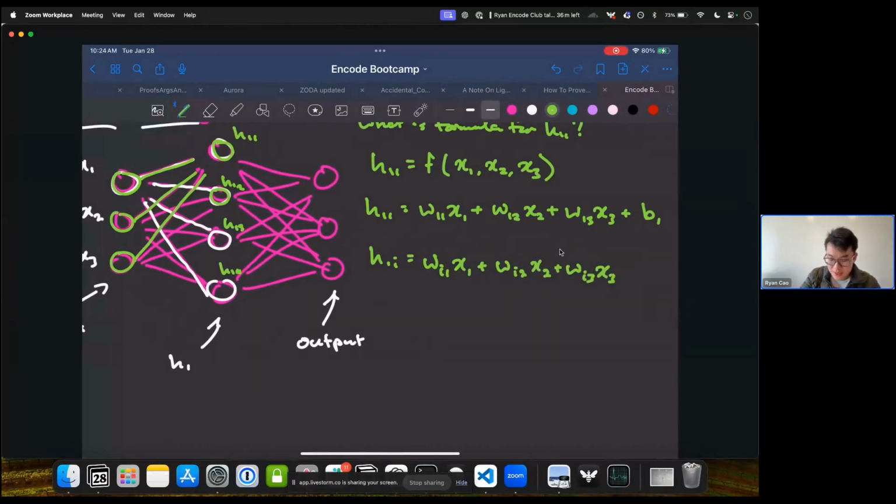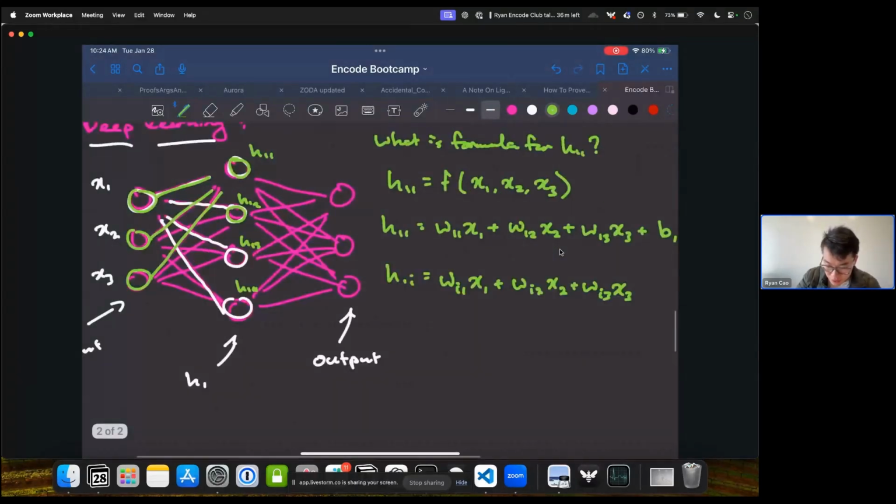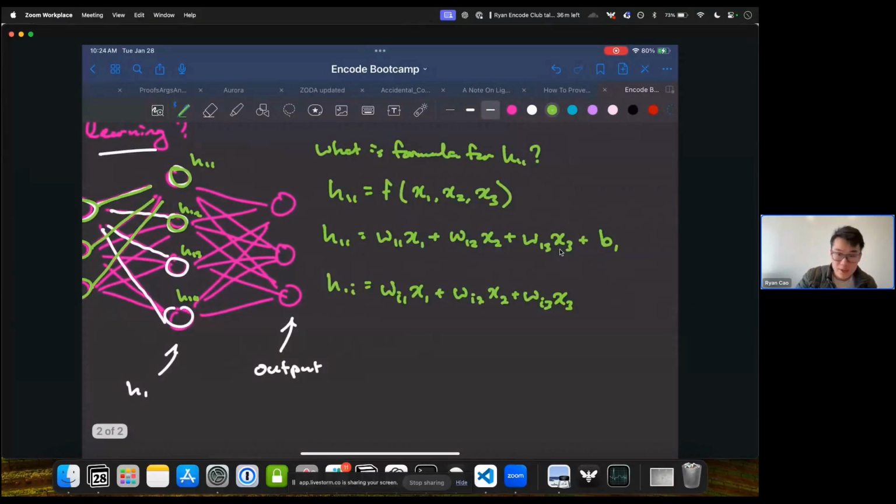So my first question is, given this formula for H11, how would I convert this into a dot product between two vectors? If I could have someone type that in the chat, or if you're not super sure, ask a question that would help you understand how.